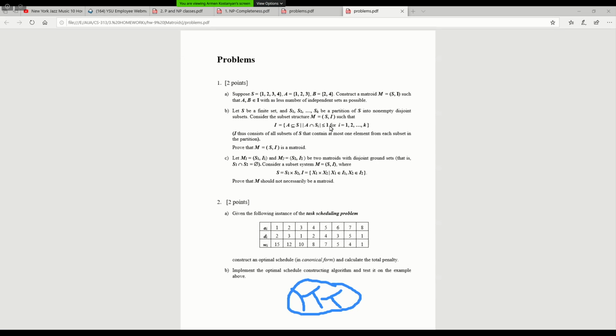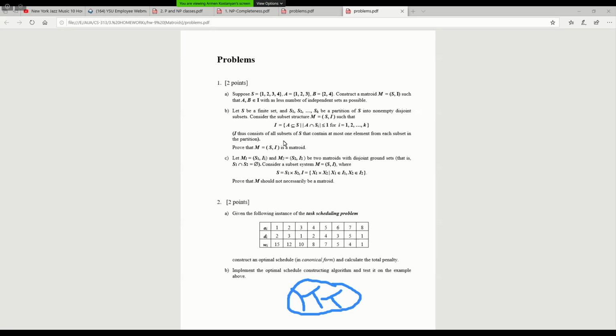The ground set is defined: initially, we have some partition of S into disjoint sets. This is such a partition. Then we construct a subset system, the ground set of which is S, or the union of S1, S2, and so on, Sk.